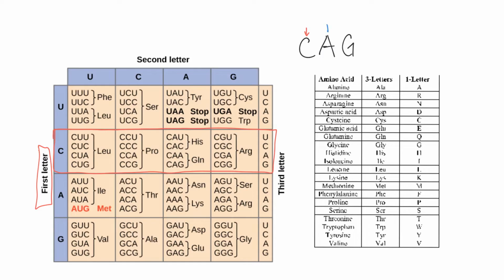The second letter, in this case an A, tells us what column to look in. So the second letter being an A tells us that we're going to be in this column.